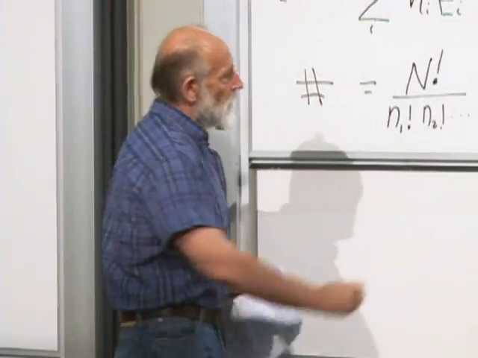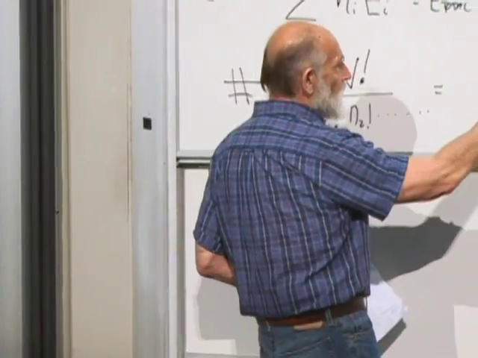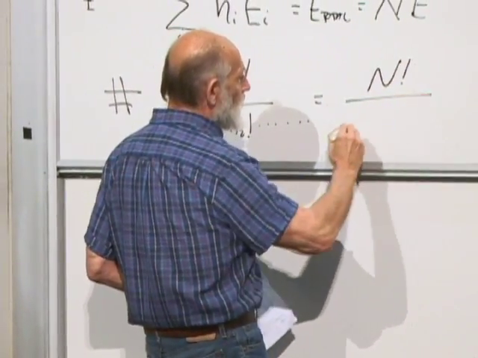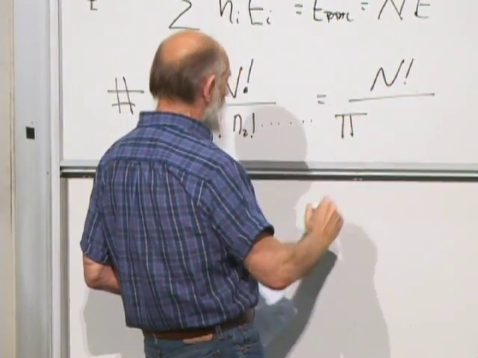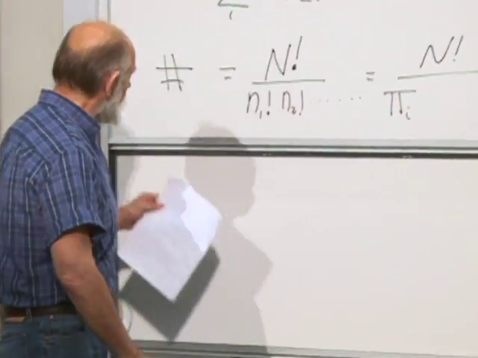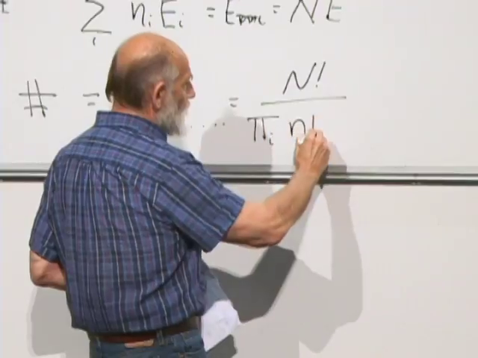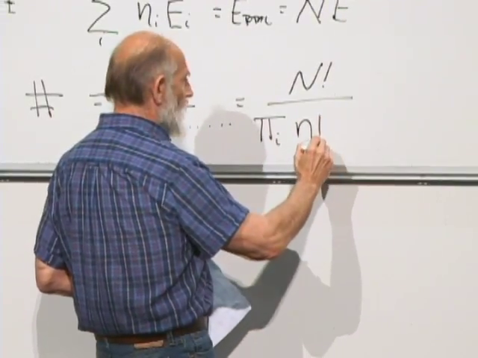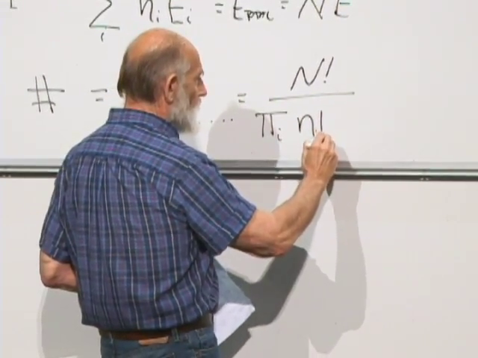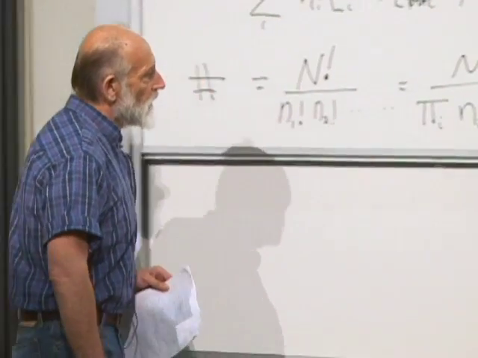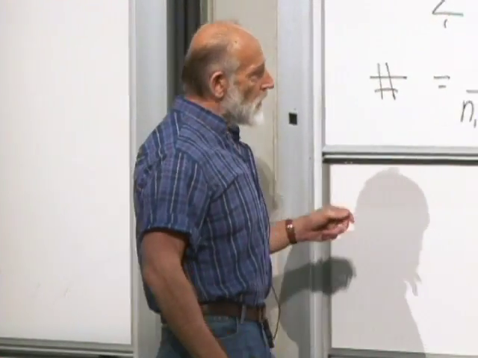In other words, let's write it as N factorial over the product over all the states of the occupation number n sub i factorial. That's the answer to that combinatoric problem.